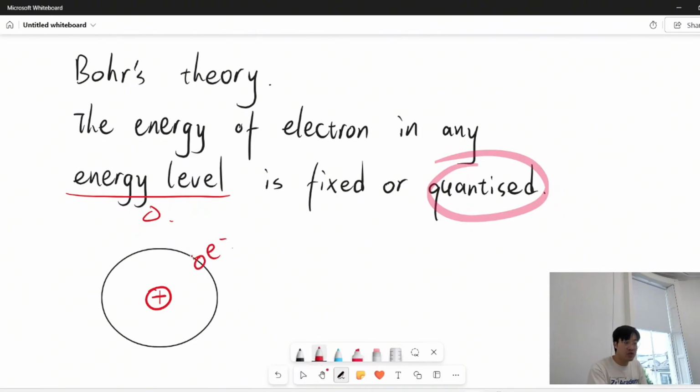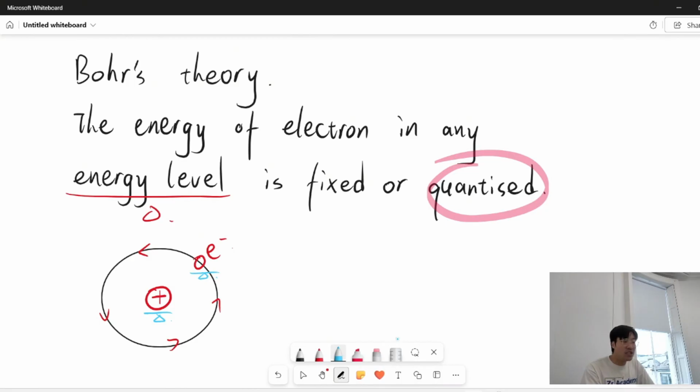Now, the electrons are going around these orbits with the center of the atom. So it's kind of like a mini solar system where you treat the sun as the nucleus and the planet as the electron.